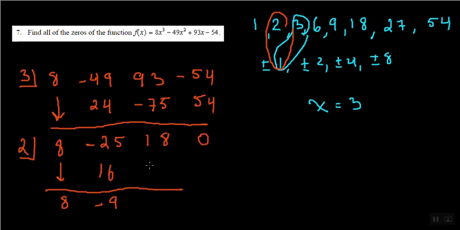Negative 9 times 2 is 18. 0. Alright, and so x equals 2 is also going to be a solution. And finally, this is 8x minus 9. And so that means that 9 over 8 is also going to be a solution. Remember this 8 better. 9 over 8.